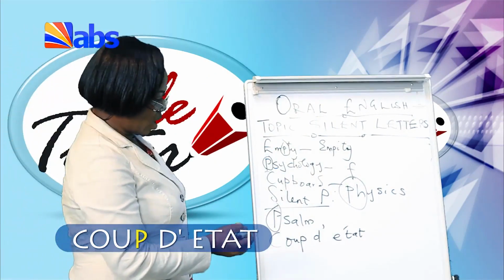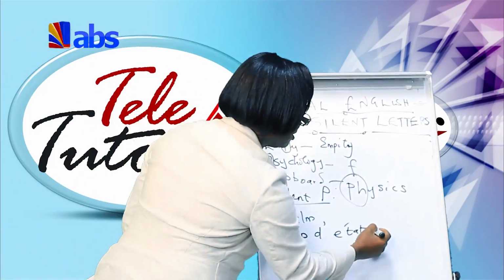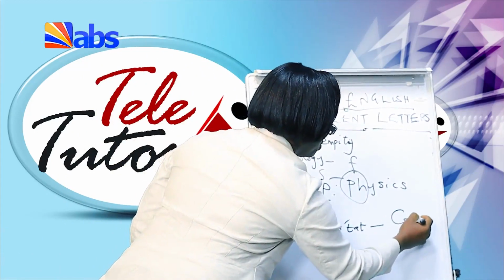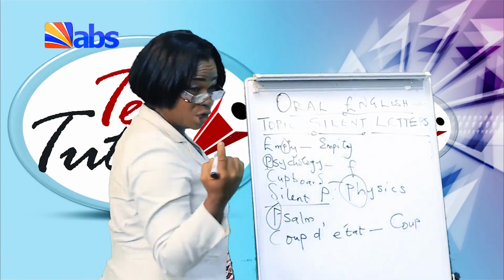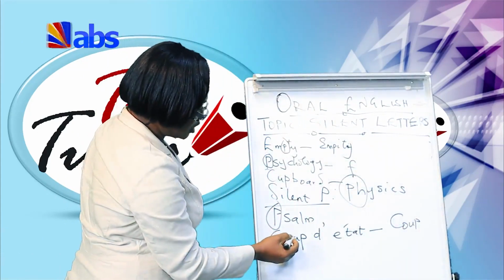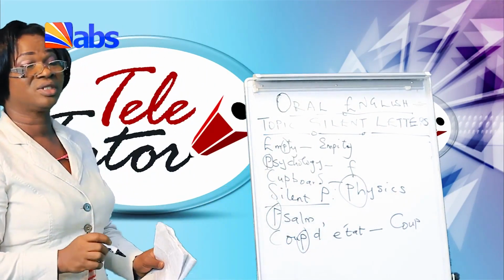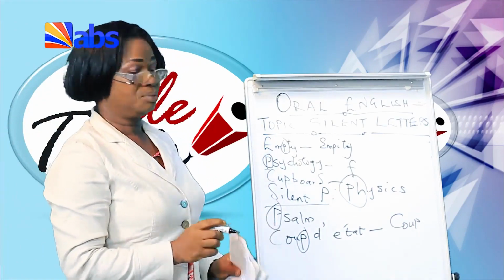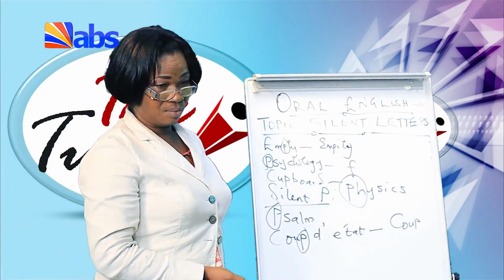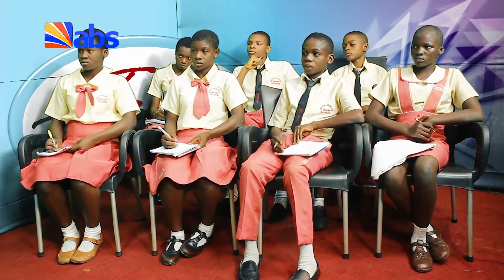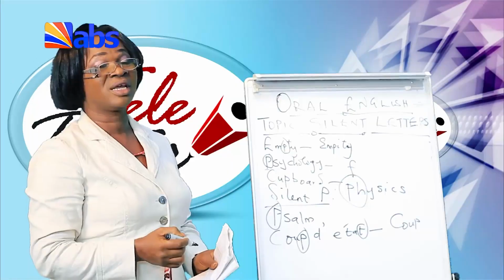Yes. Now, in this word, coup d'etat, which in the short form we just say Q, I'm sure you've heard of Q. Yes. So here, we have silent P. We just say Q. Say Q. Q. Q. Deter. And in deter, you will also discover that T is silent. So you just say Q deter.